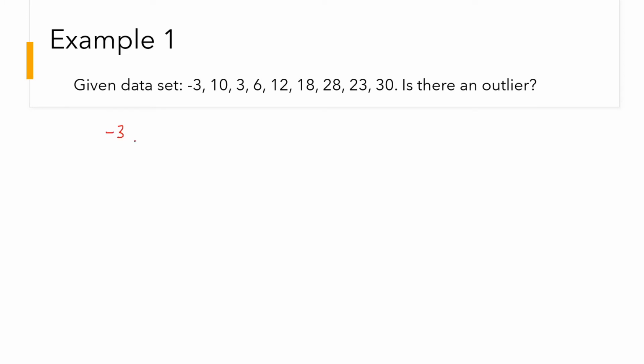So it starts with negative 3, 3, 6, 10, 12, 18, 23, 28, and then 30. Looking at this, 12 is in the middle, so this is known as the median. Anything below this and anything above that is known as the lower and upper half respectively.